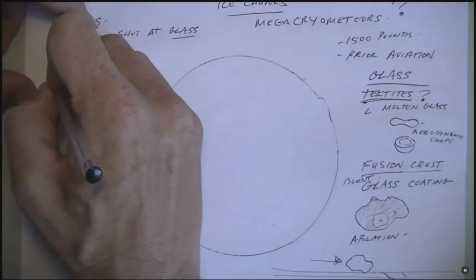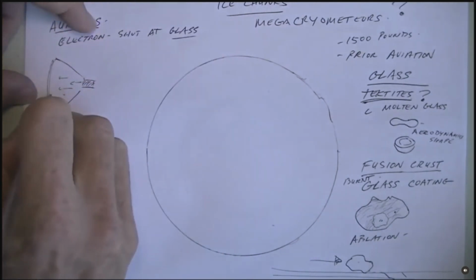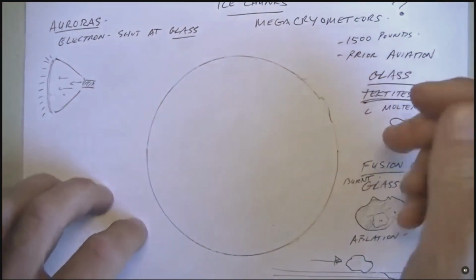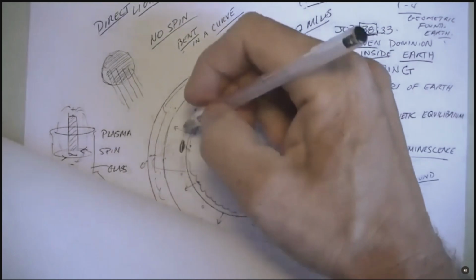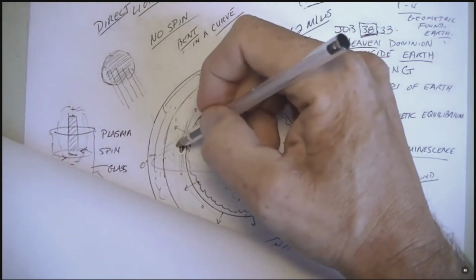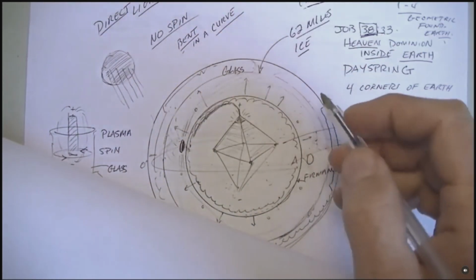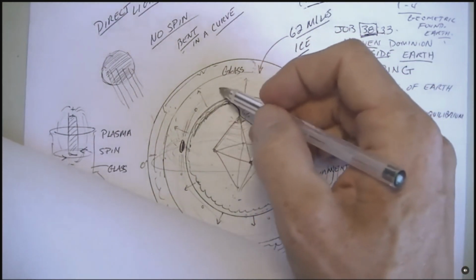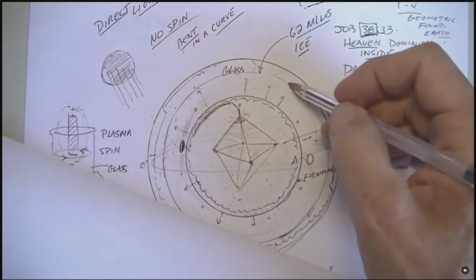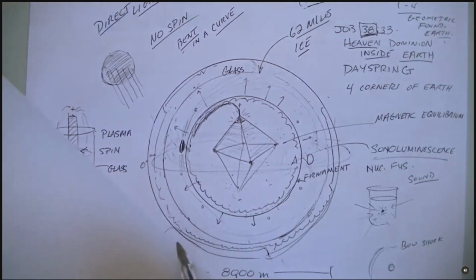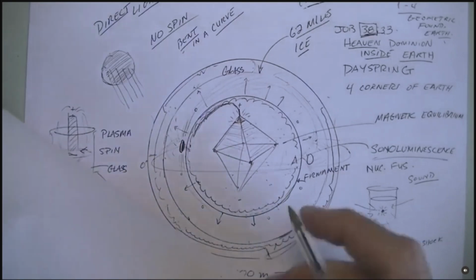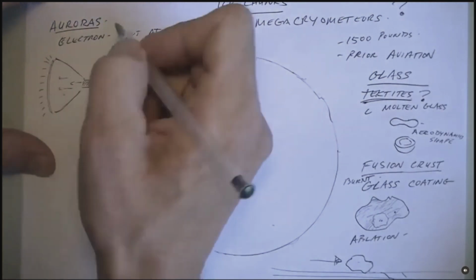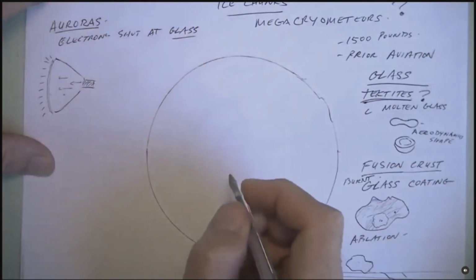And there's phosphorus coated onto this glass here. When the electrons hit the glass, it causes the glow. That's really what's happening here, basically. The sun is shooting the electrons and it's hitting the glass, and at the higher latitudes, it's creating the glow. You see the glow there. I'm not really sure why it's happening at the higher latitudinal regions, but maybe you guys can tell me that. Okay, so auroras are created because of glass.